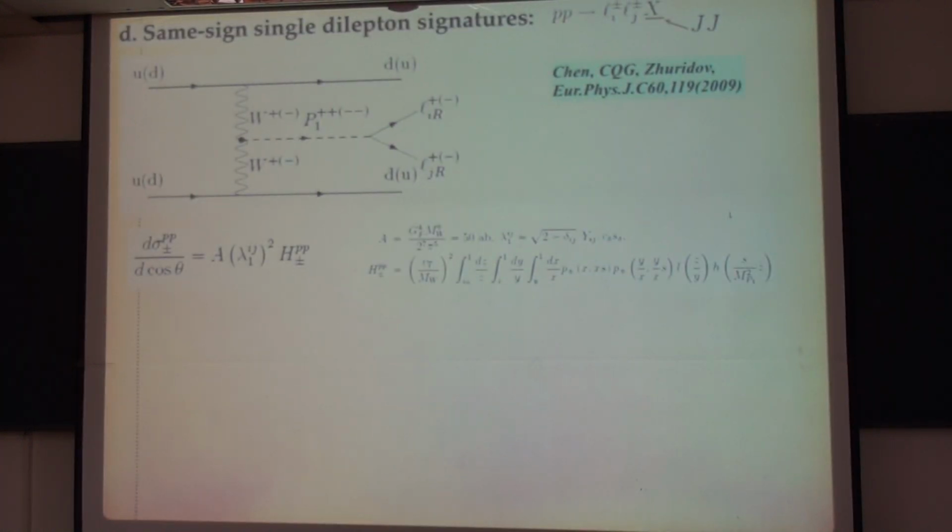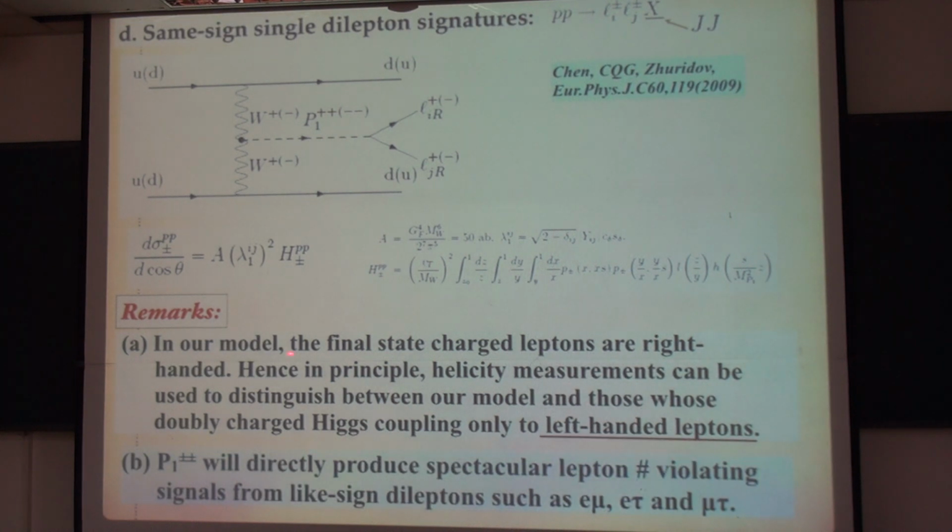I also want to emphasize that this model has same-sign dilepton signatures like this, and you can also look at the angular distribution for these cross sections. And to emphasize, in this model the final state charged leptons are right-handed.